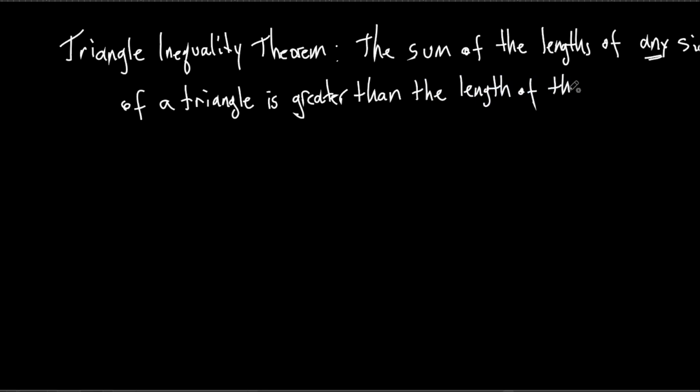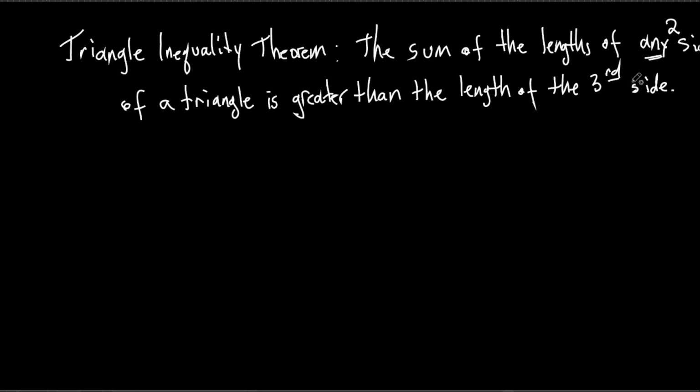I'm reading it off to you. The sum of the lengths of any two sides of a triangle is greater than the length of the third side. That's basically what we just finished saying.